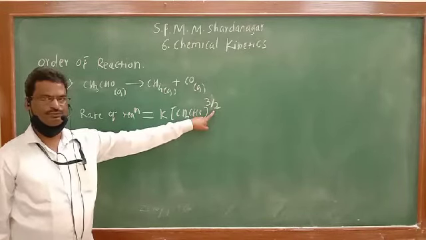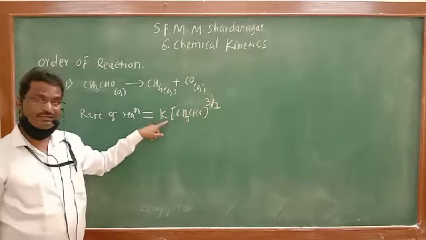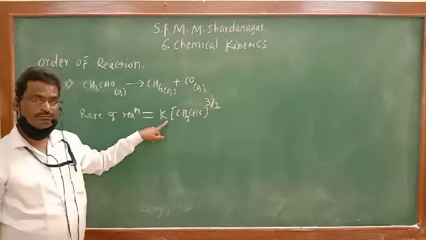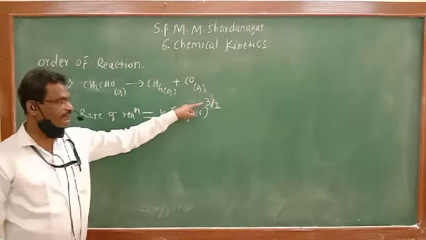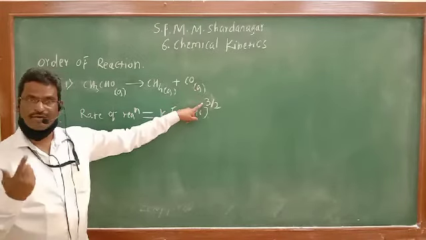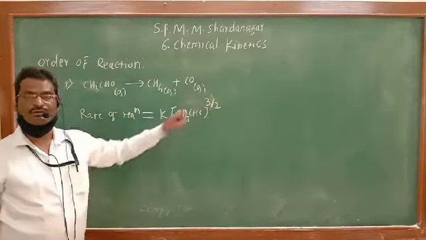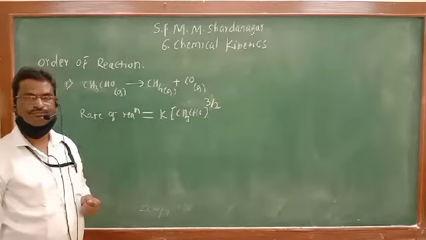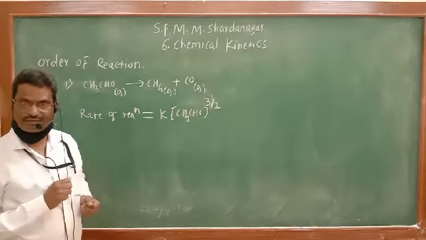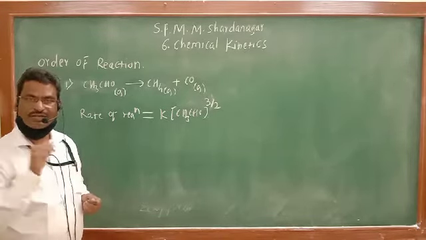So what is the order of this reaction? Order of reaction X is 3/2, that is 1.5. Is it a first order reaction? No. Is it a second order reaction?